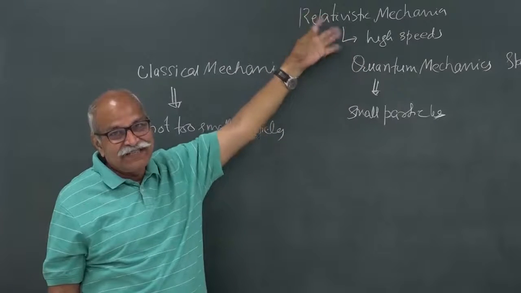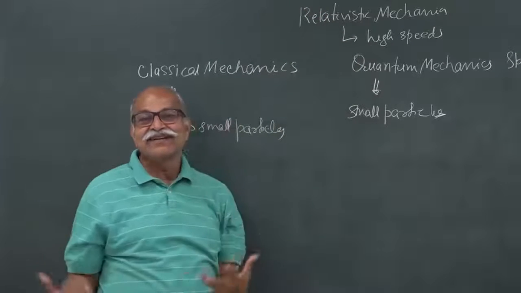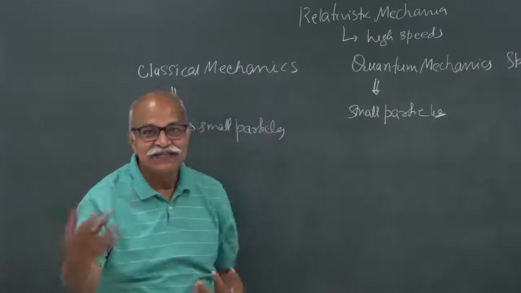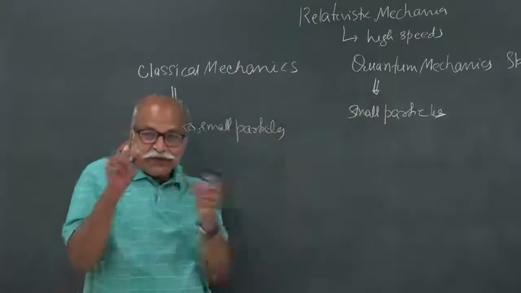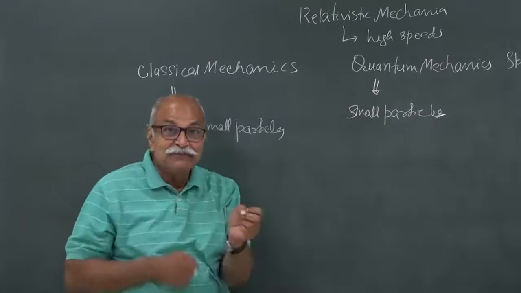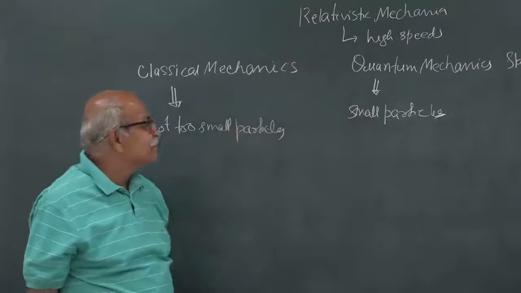Relativistic mechanics gives me how much energy will be generated, how much mass will be decreased, whether mass is converted into energy. Then quantum mechanics will be there, because we are talking of a nucleus which is femtometer size, not even angstrom. So, combinations are needed.